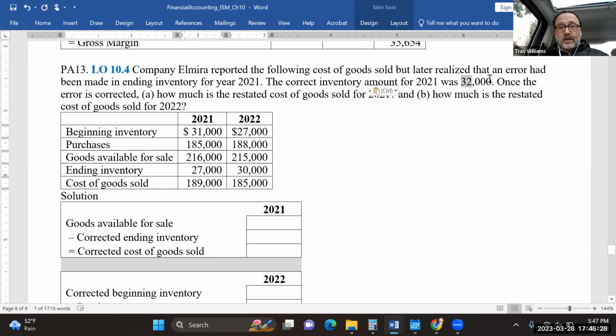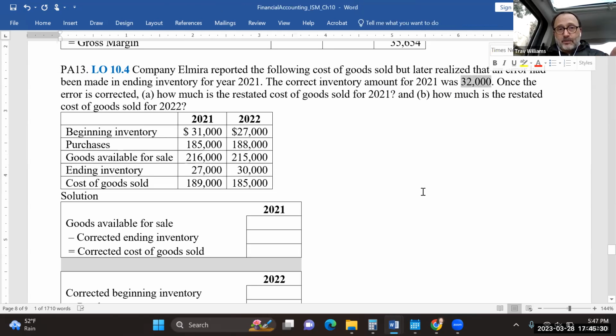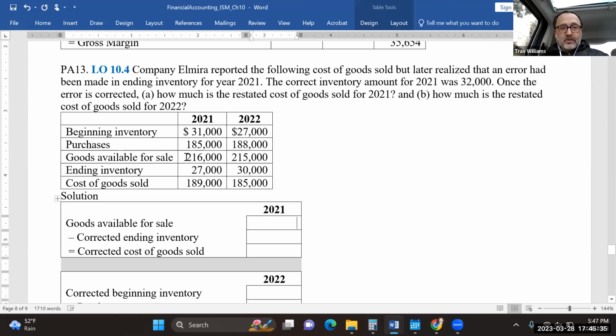It's supposed to be $32,000. I mean, that's what the problem says. So to correct it, we're going to start with this number, which is correct. But instead of the $27,000, we're going to make our ending inventory $32,000, which is the correct number.